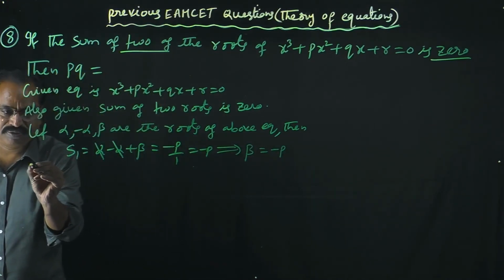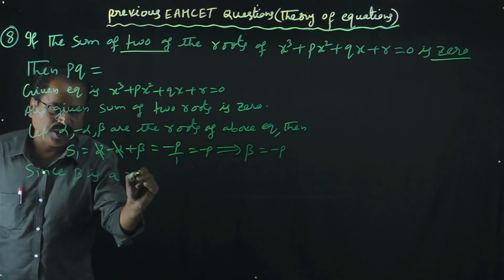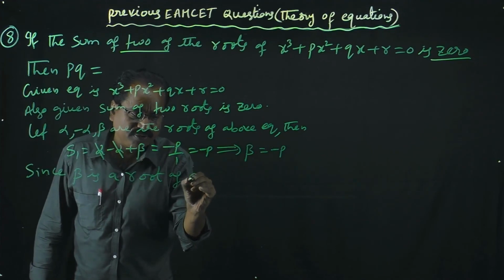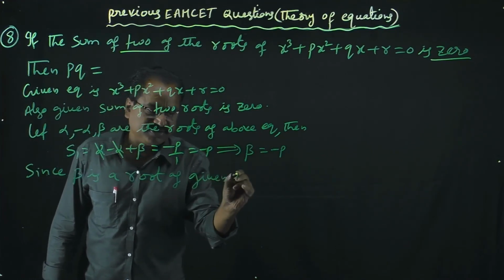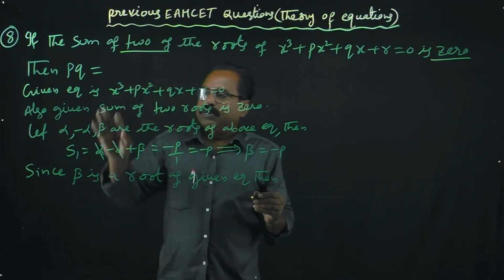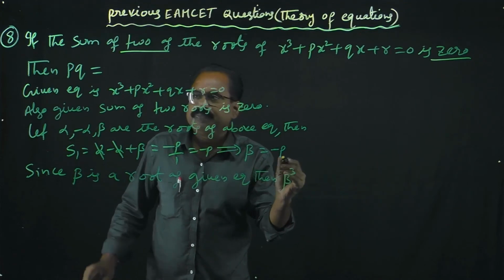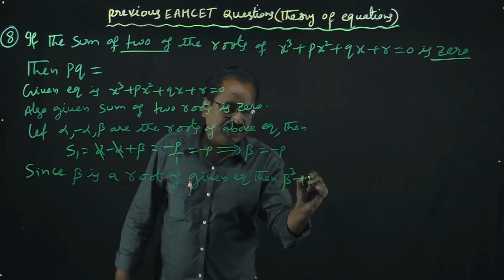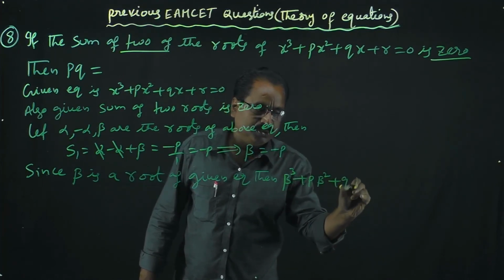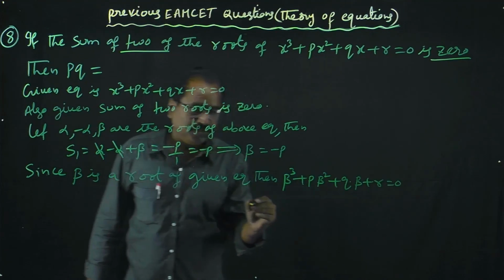Since beta is a root of the given equation, put x is equal to beta: beta cube plus p into beta square plus q into beta plus r is equal to 0.